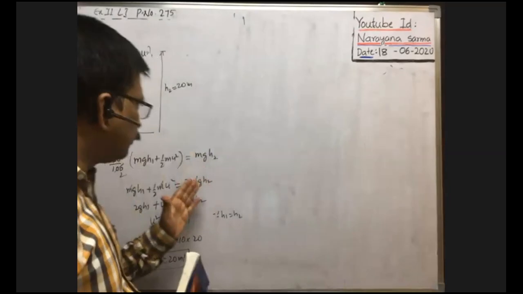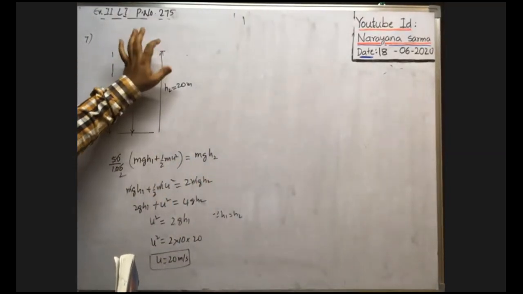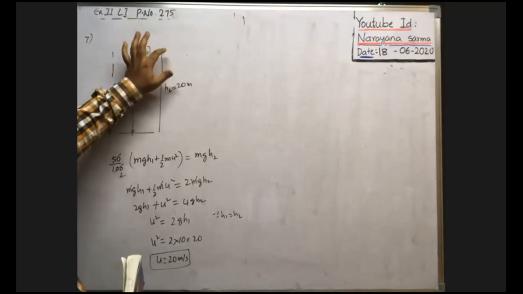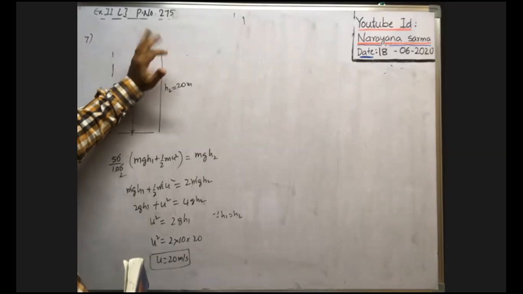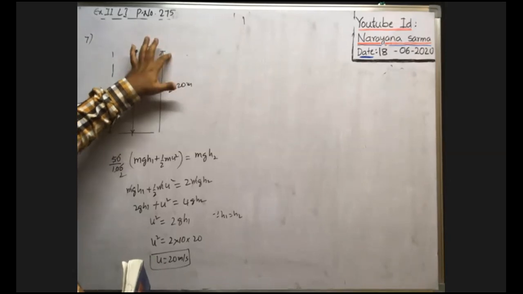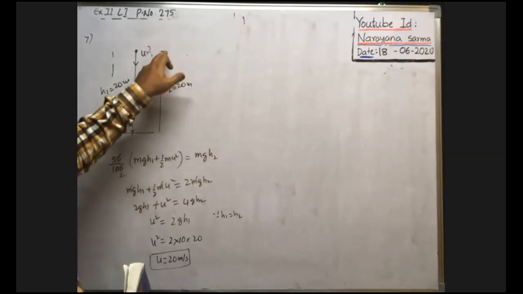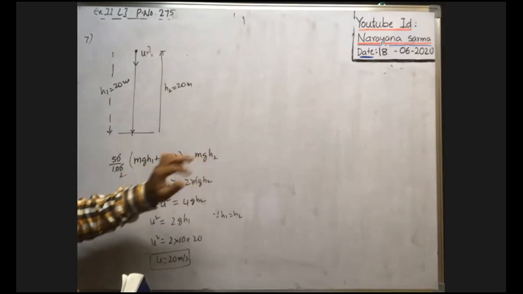Here in this problem, after collision, it rises up to a height h2 and comes to rest. Whenever velocity becomes 0, up to that it rises. As it is at this height, it is having potential energy plus kinetic energy, but as the velocity is 0, kinetic energy is 0. That's why total energy is this only.